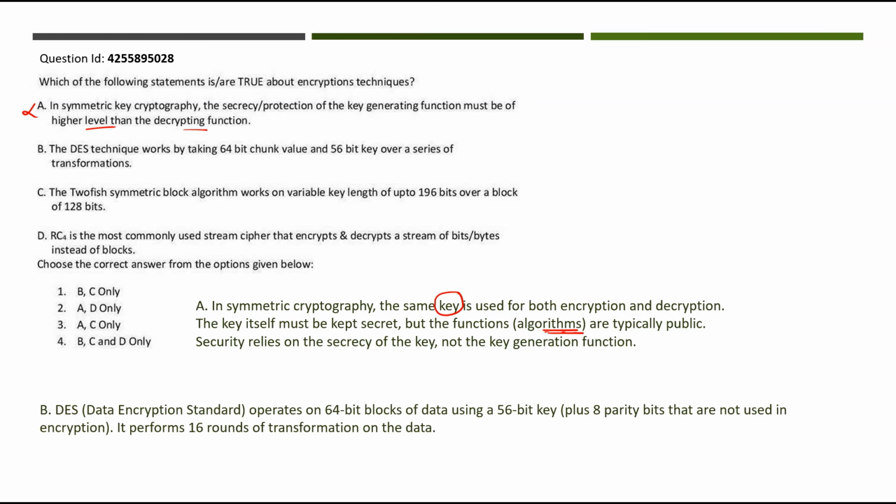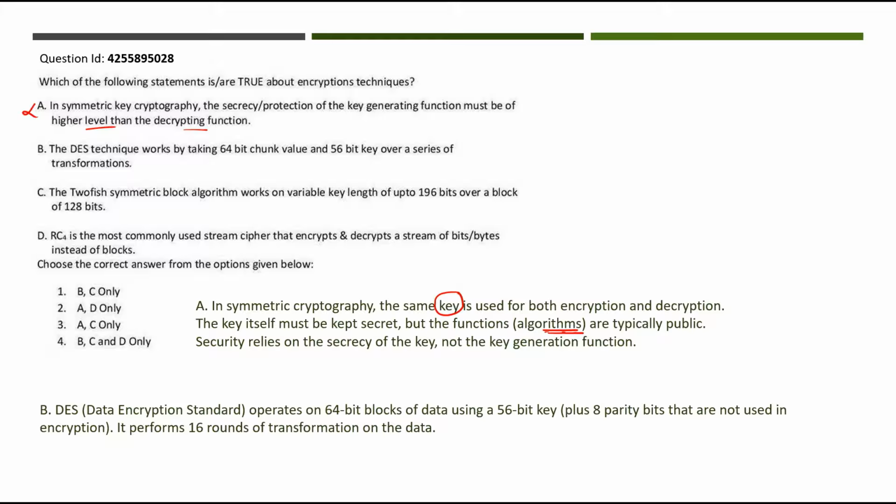Let's see about the DES technique. The statement says the technique works by taking a 64-bit chunk value and a 56-bit key over a series of transformations. So let's see the Data Encryption Standard. DES operates on 64-bit blocks of data using a 56-bit key plus 8 parity bits that are not used in encryption.